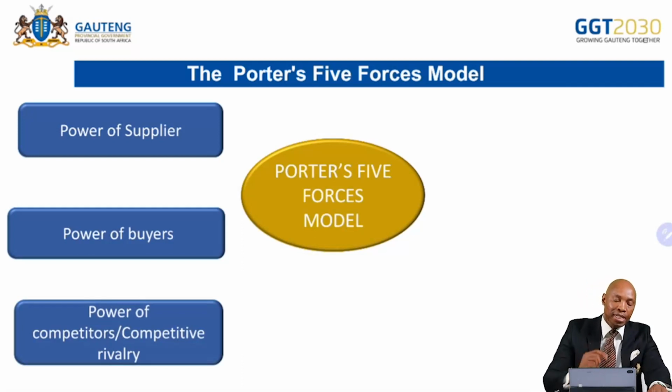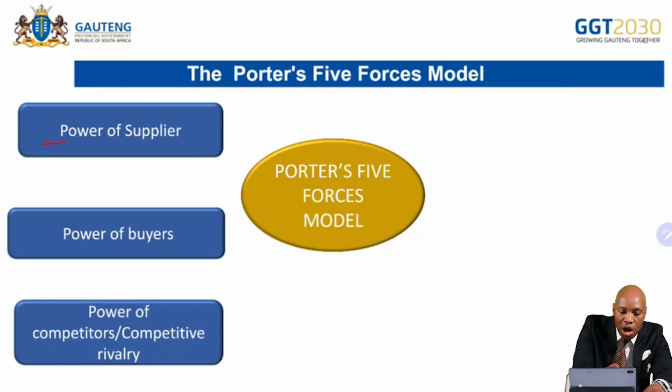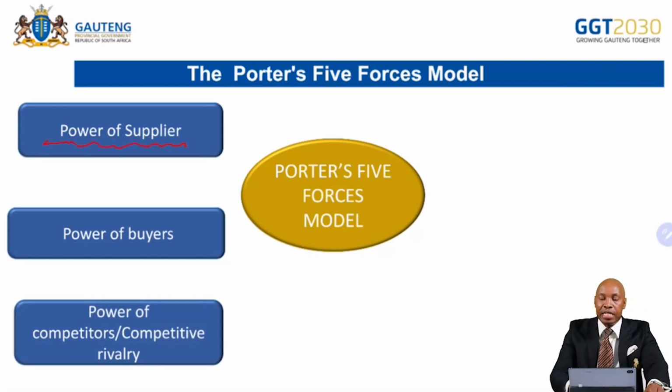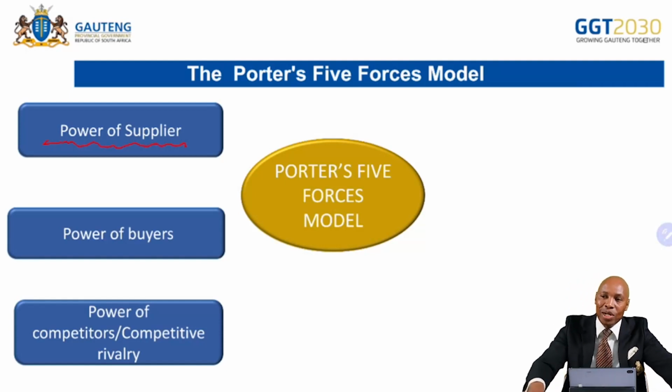Now, it is important, candidates, that when you are asked a question on the Porter's 5 forces model, you write power of suppliers. It's important to put the words power of. Because if you write suppliers only, you're going to be marked wrong. Because now it is no longer Porter's 5, it changes its status and becomes a component of the market environment, which was done in grade 10.